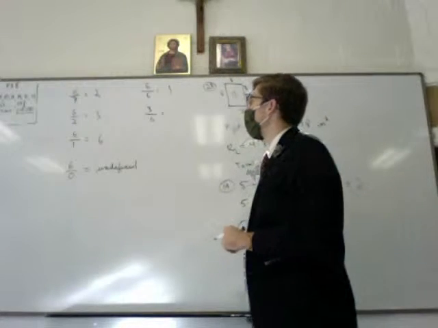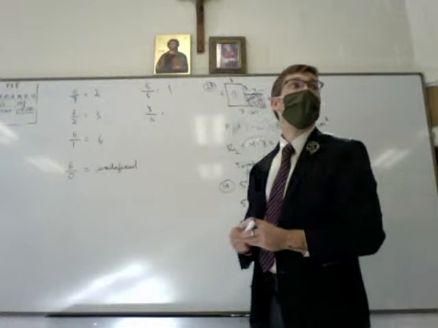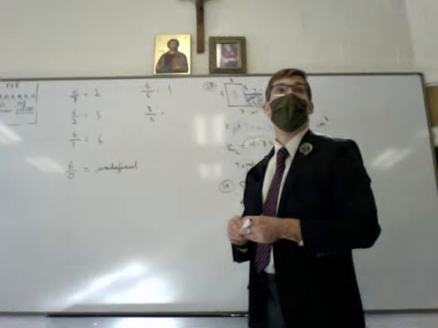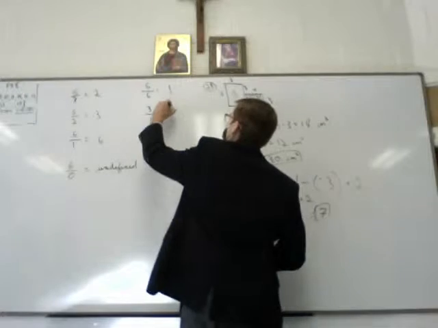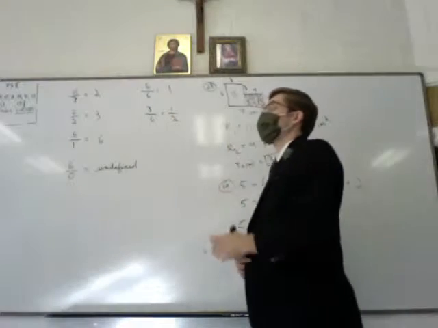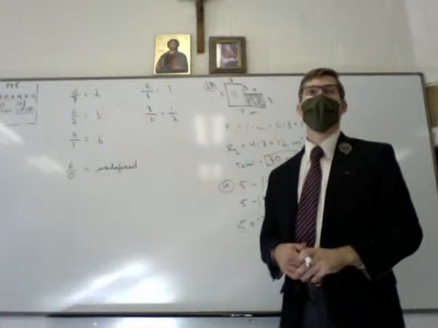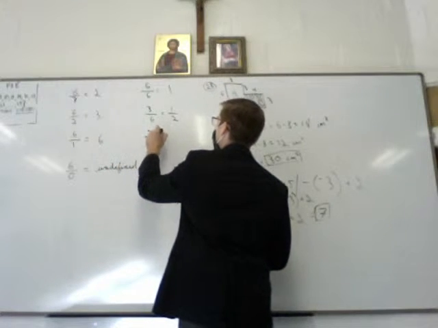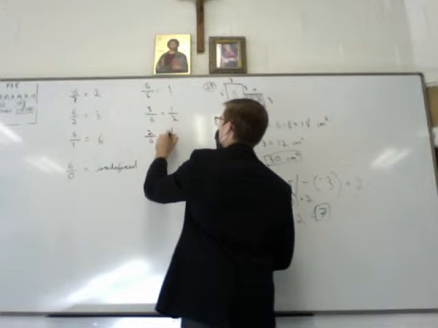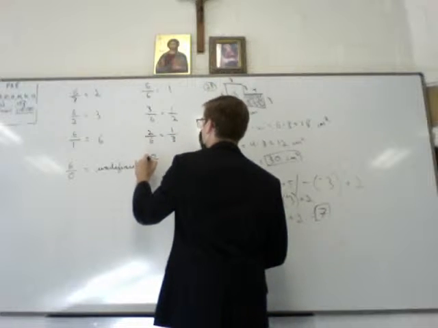Not 2. 3 divided by 6. 1/2. Right, 3 divided by 6. How many times does 6 go into 3? There's only half of it. And what about 2 divided by 6? 1/3. What about 0 divided by 6?